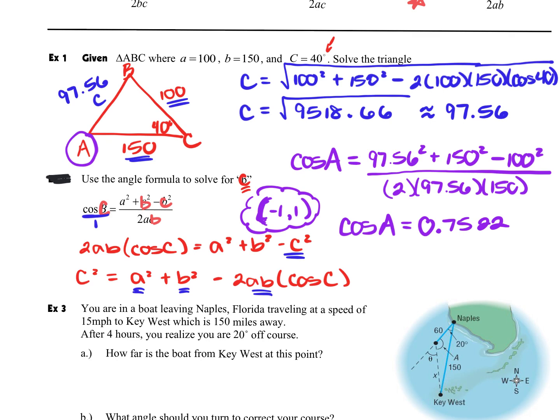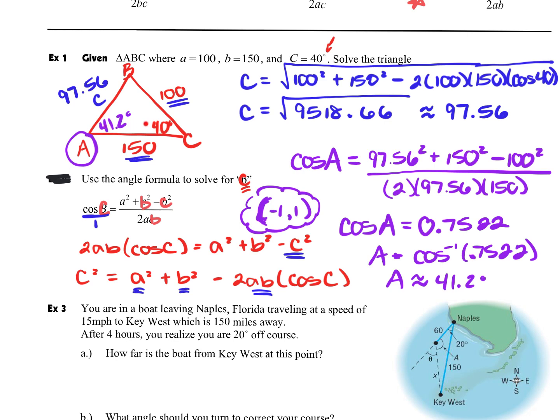Now, to actually get the measure of the angle, we're going to do the inverse cosine of this. Remember, it's going to look like this. Our A is now going to become the inverse cosine of 0.7522. That's going to give you a measure of angle A of 41.2 degrees. We can put that now in our picture. And this should make sense.